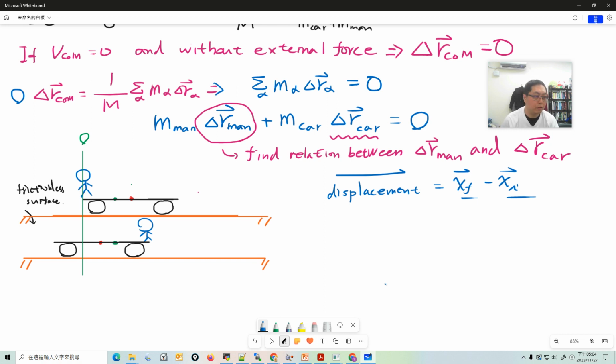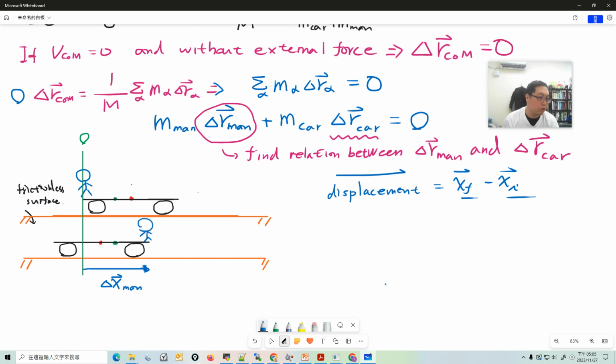So for the man, this is the initial position, and this is the final position. From the initial position to the final position, this is the delta x, because right now it's the x direction, so it's a one-dimensional motion. So let's just use this delta x man. And what is the displacement vector for the car?